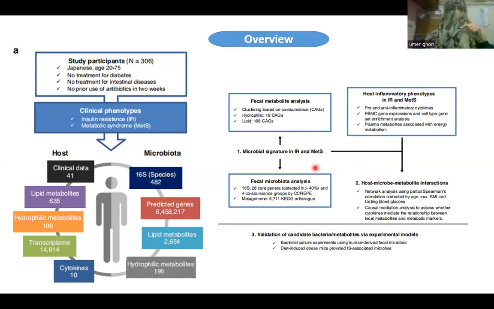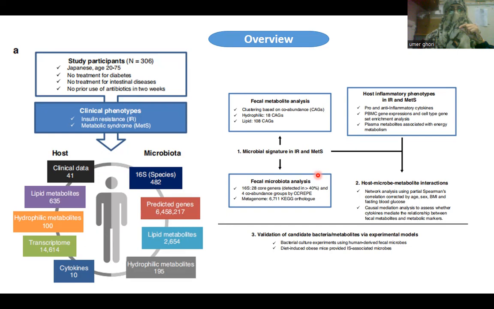This workflow shows the multi-omics analysis. Phenotype-associated metabolomic signatures were analyzed by winnowing metabolites into coabundance groups. Microbial signatures were determined using the 16S and metagenomic data sets, and their association with metabolites was analyzed.